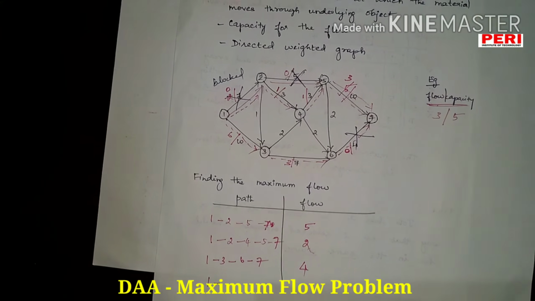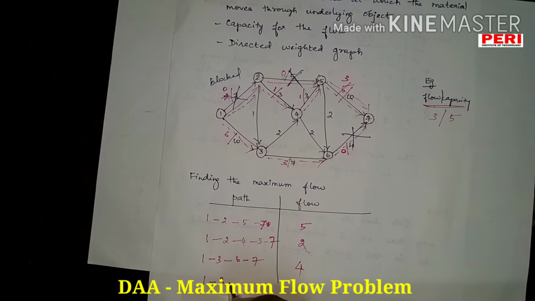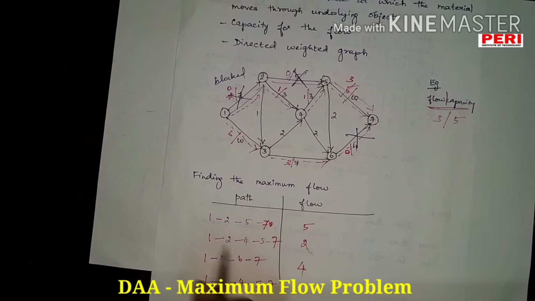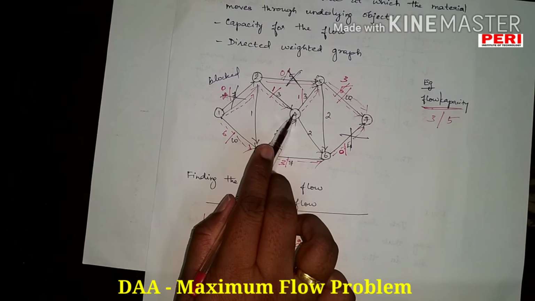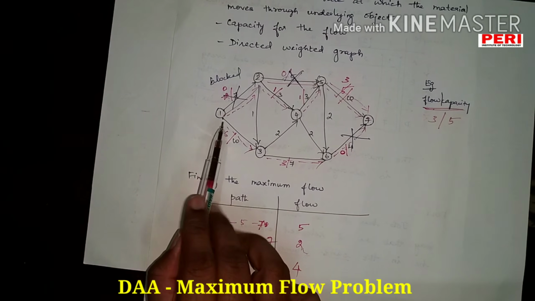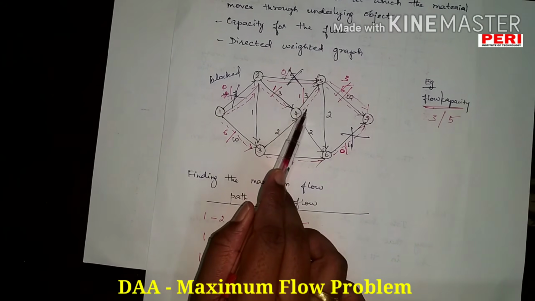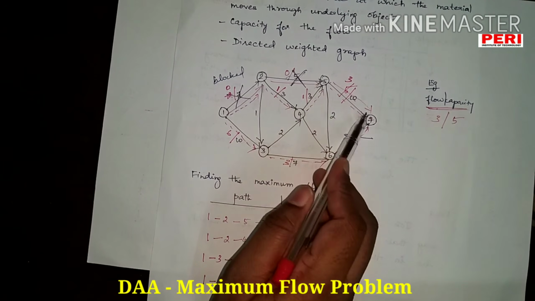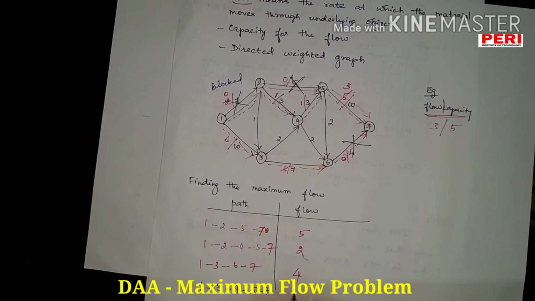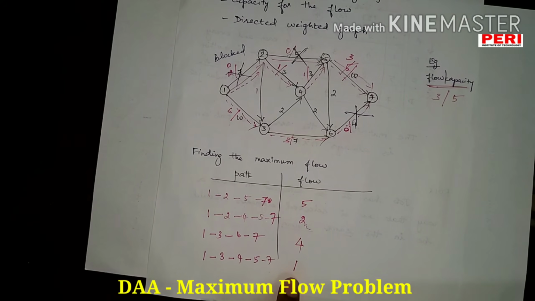We are going to see the minimum capacity there. This has 6, this has 2, this has only 1 and this has 3. The minimum among these is 1, therefore the maximum flow will be 1.